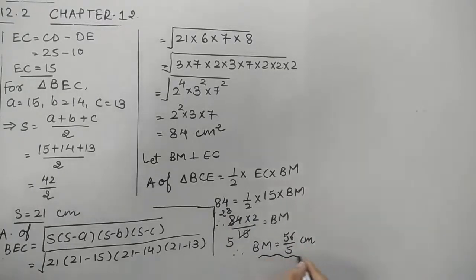So students, this is what we had to find out, that is the height. Still we didn't obtain the answer. This is the height. The value which we have to find out is the area of the trapezium. So let us go for it.